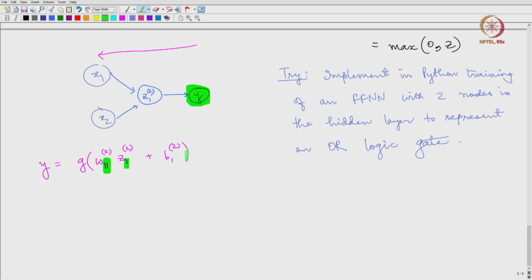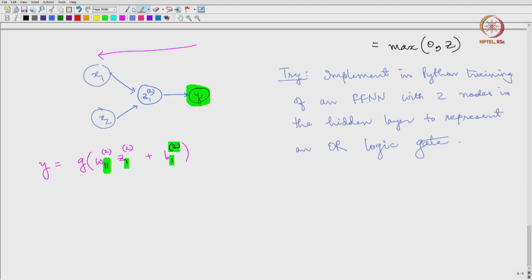So this b12 means the bias of the first node in the next layer. The current layer is the second layer, so the next layer will be the third layer. So this is the bias term as it feeds to the first node in the next layer, the third layer.